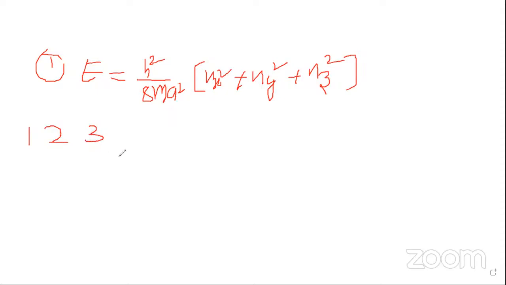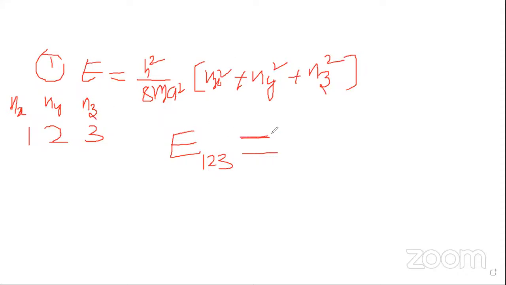What will be the energy? That is E of 1, 2, 3 is equal to what? Nx is 1, Ny is 2, Nz is 3. Substitute all these in this equation.